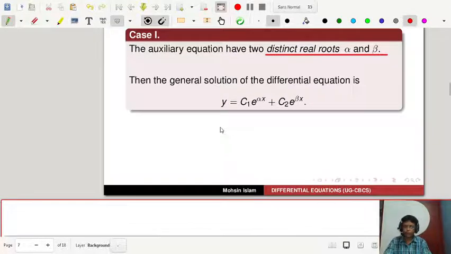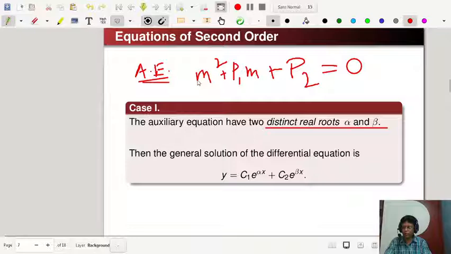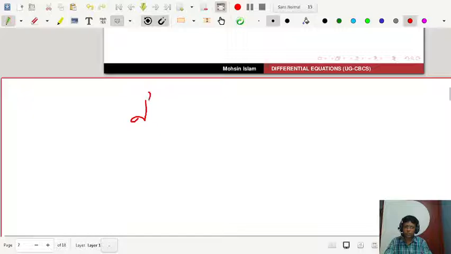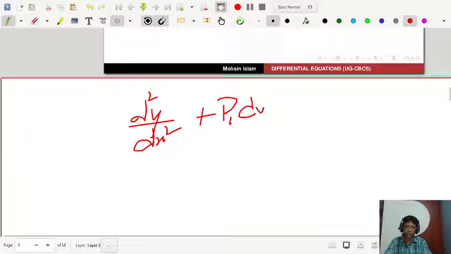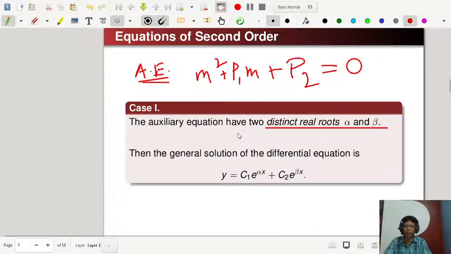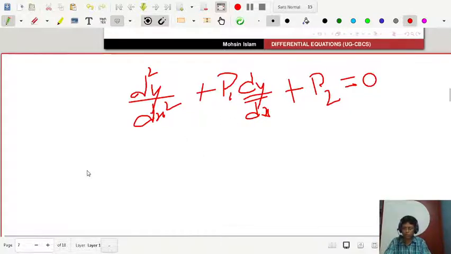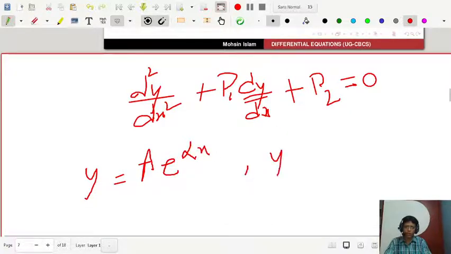If this is the auxiliary equation and the roots are distinct, alpha and beta, then consider this differential equation: d2y dx2 plus p1 dy dx plus p2 y equal to 0, a linear second order differential equation with constant coefficients, whose auxiliary equation is m square plus p1 m plus p2 equal to 0. This differential equation has two solutions: one is y equal to a e to the power alpha x, and another is y equal to b e to the power beta x.